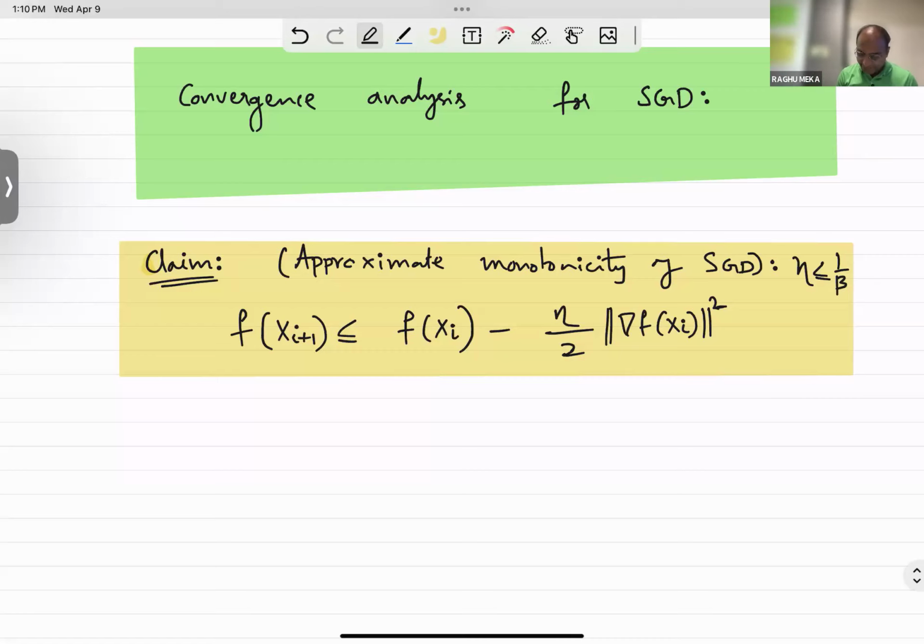For SGD, you get a very similar statement. First, you have to put an expectation here because it's a randomized process now. And if your variance is very bad, you might get a violation. So you're basically monotone up to this perturbation term, eta times sigma squared by 2. Does it make sense? You might increase a little bit depending on whatever the sigma is. If your variance is very high, sometimes I might go up.